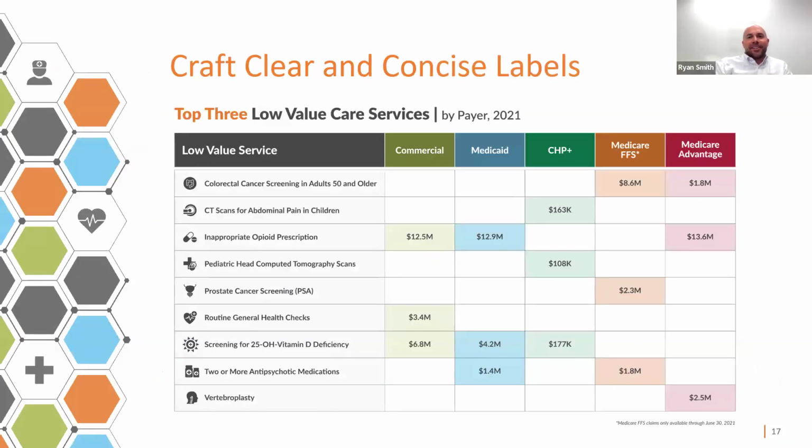Crafting clear and concise labels really helps bridge the gap between the data and the viewer's understanding. If you want to address accessibility and inclusivity, you really want to focus on simple and direct language.